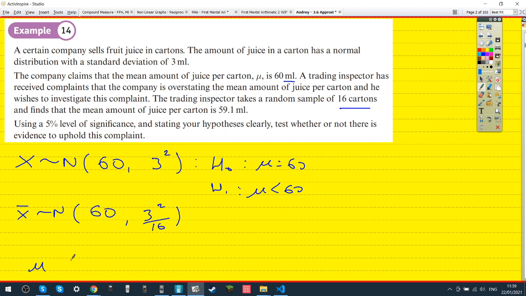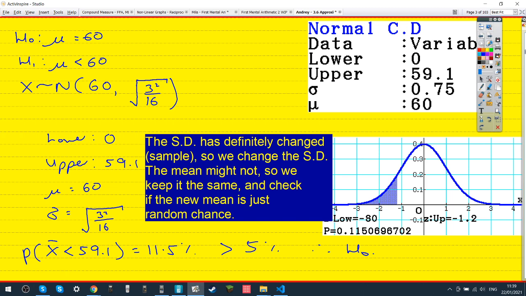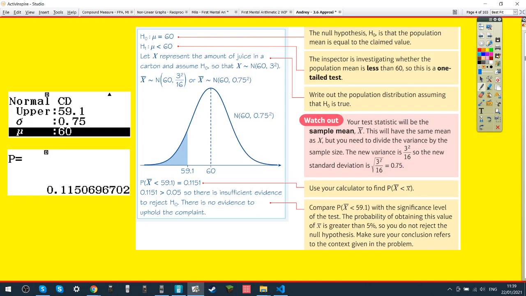What is the probability that the mean is 59.1 or less? Do we have to do z equals x minus mu over sigma to get the new value? Is that what we had to do? Let's see. X is normally distributed, 60, yeah.